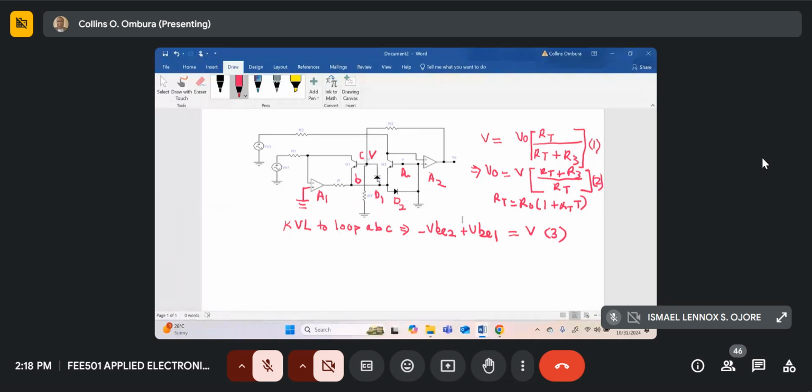So this is the same as saying minus eta Vt natural log IC2 over IS2 plus eta Vt natural log IC1 over IS1 is equal to V.